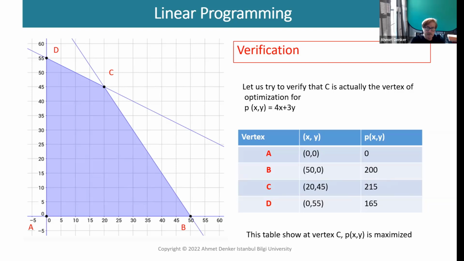Of course, for the polygon, this is not too difficult to find, but if it becomes a polytope, polyhedron, for instance, or a larger dimensional linear programming problem, then it becomes very difficult to do it like this. There may be many vertices to check by simple calculation.